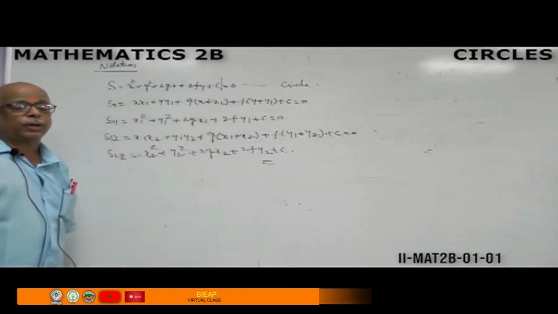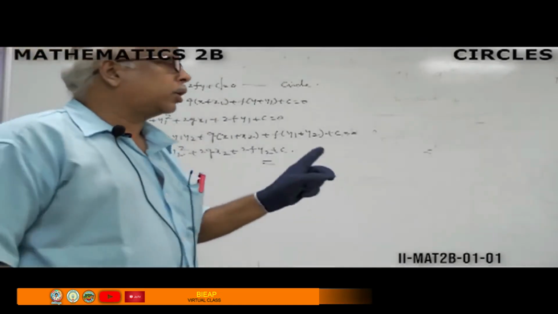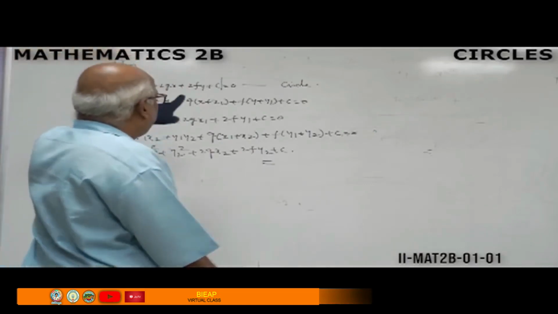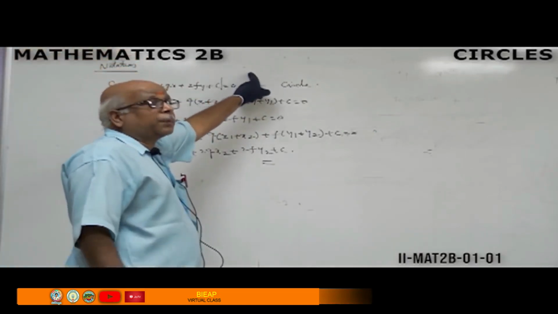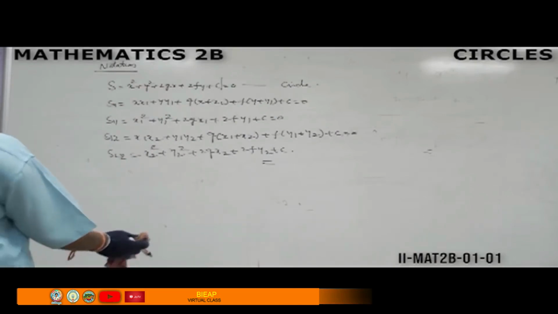S equal to 0 represents a circle. Similarly, xx1 plus yy1 plus g into (x plus x1) plus f into (y plus y1) plus c will be denoted by S1. If it is equal to 0, the first one represents a circle, the second one represents a tangent, like that, one by one. Most of the points are there. You will come to know in the coming classes.